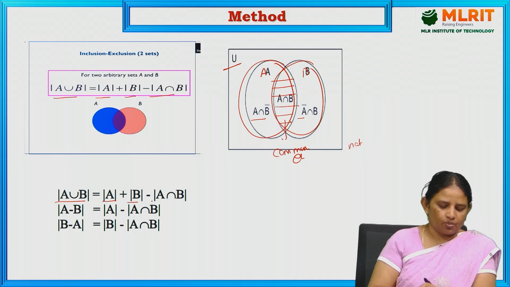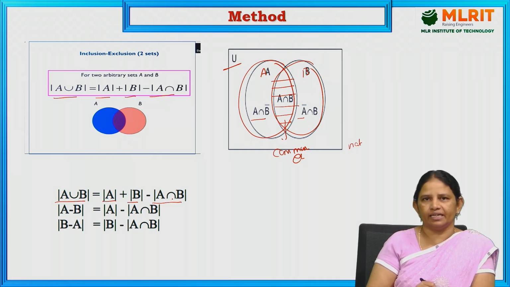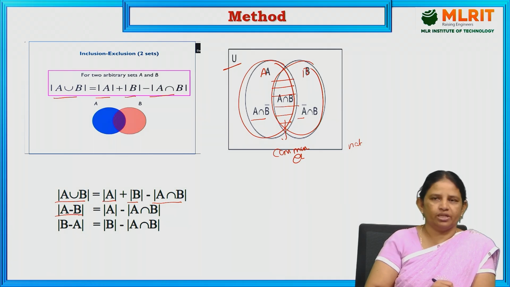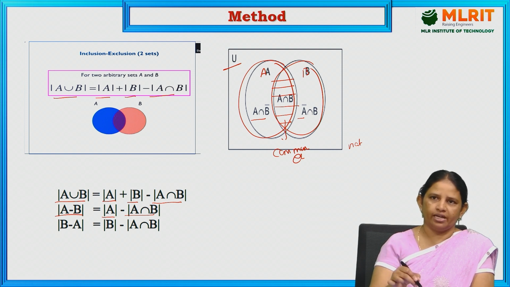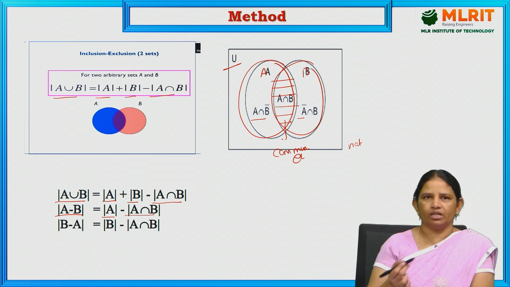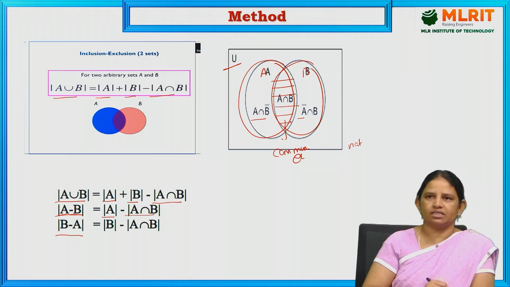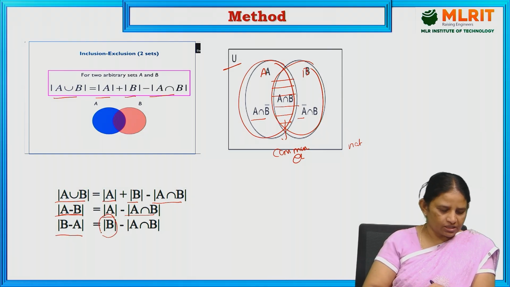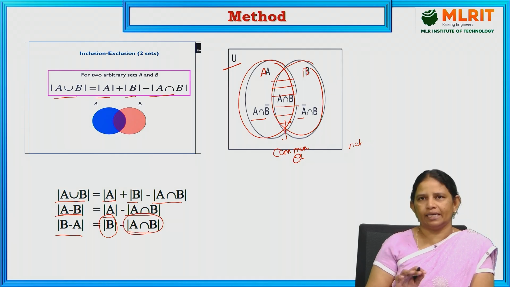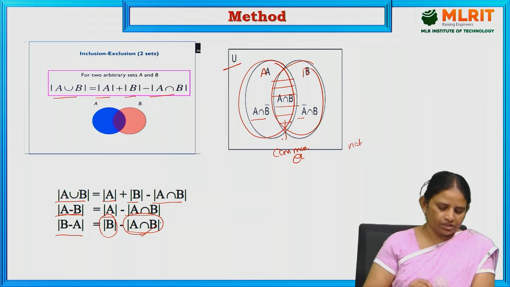Mod A plus mod B minus mod A intersection B. A minus B means mod A minus A intersection B. That means from all the elements of A, we subtract the common elements, then we get A minus B, the elements which are present only in set A but not in set B. Next, B minus A: the set of elements which are present in set B and not present in set A. There is no commonality between them. Those common elements are subtracted.